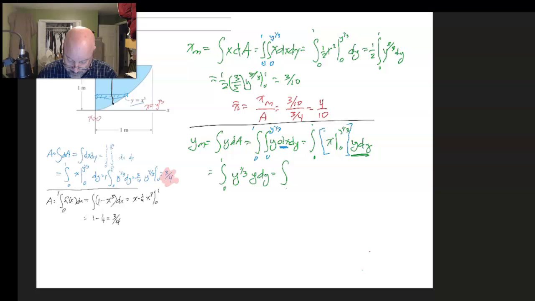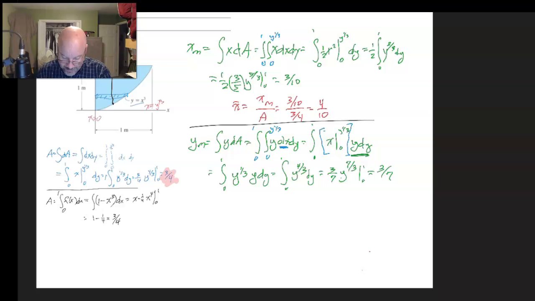So now I'm looking at 0 to 1, and that makes it y to the 4/3 dy, which becomes y to the 7/3 over 7/3. Plug in our limits, and that just takes us to 3/7. Now again, that's not my y center of mass value, that is my y moment.